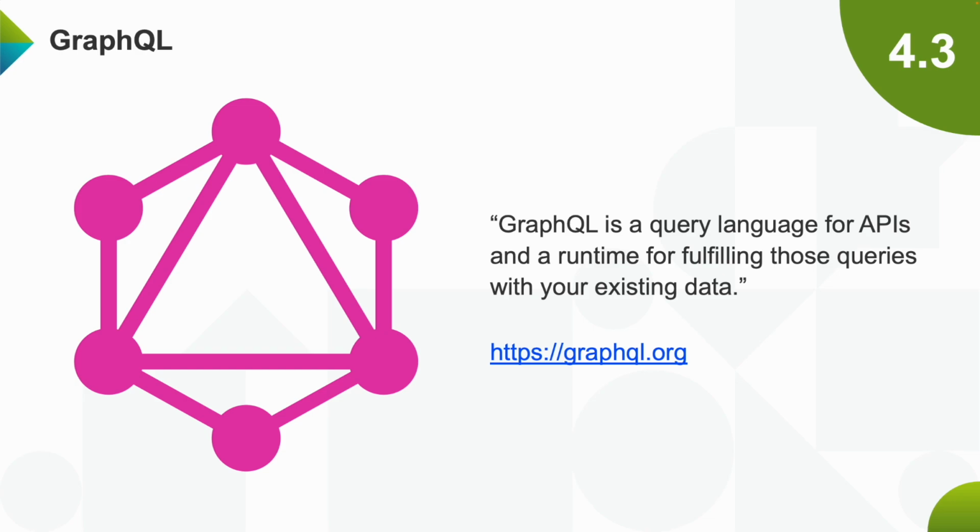GraphQL provides a complete and understandable description of the data in your API, gives clients the power to ask for exactly what they need and nothing more, makes it easier to evolve APIs over time, and enables powerful developer tools.